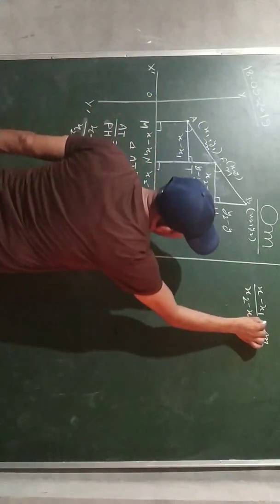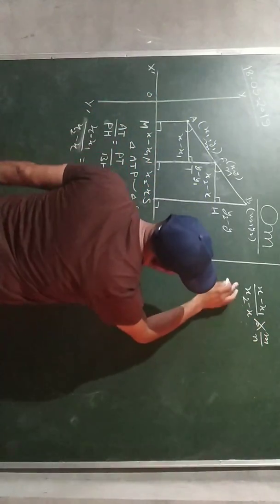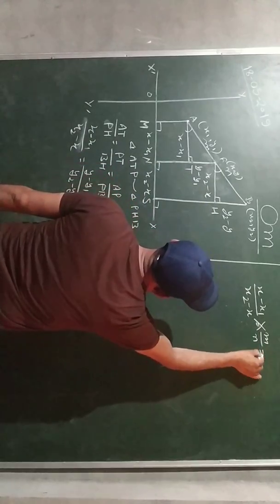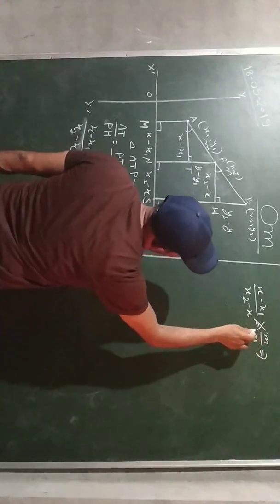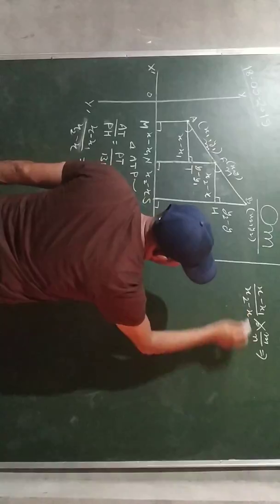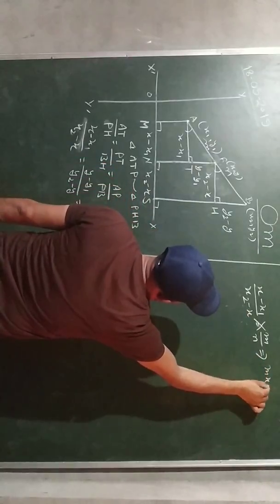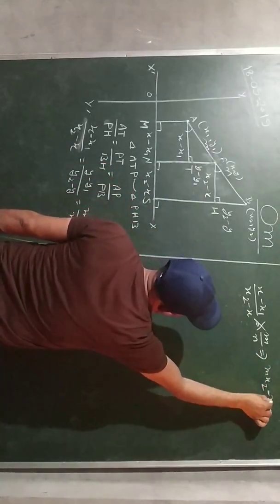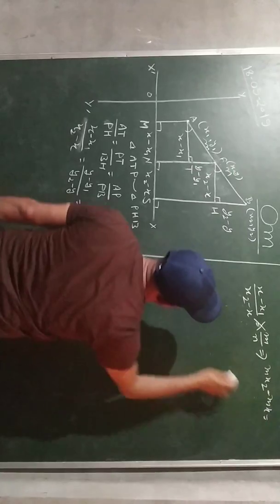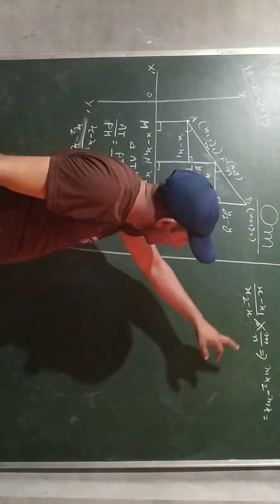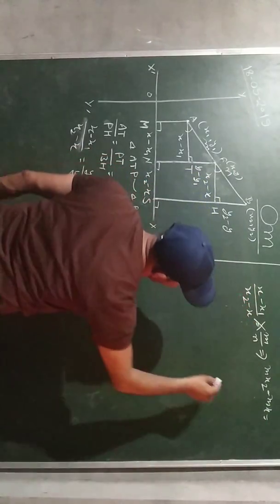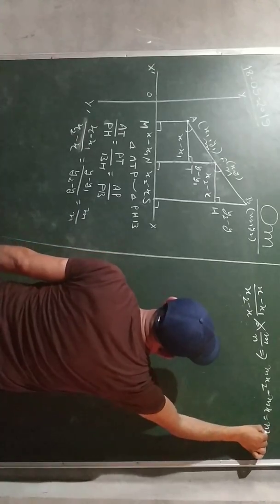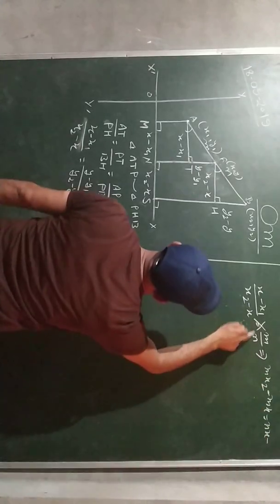By cross multiplication, this implies m x2 minus m x is equal to n x minus n x1.